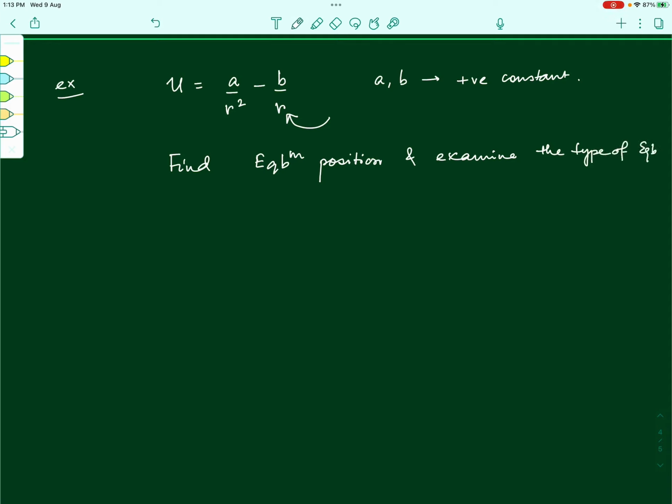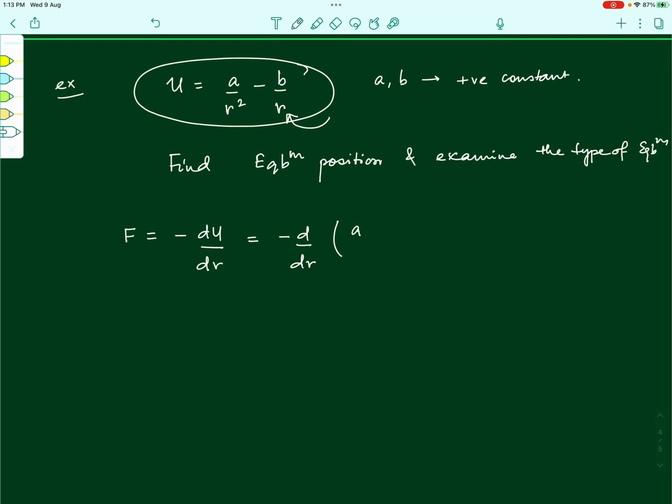So, what do we do? We first find out the equilibrium position itself. The potential energy function U is given to us. How do we find the equilibrium? We first find the force from the potential energy function, which we know is minus dU by dR, which means minus d by dR of A by R squared minus B by R. Let us differentiate this.